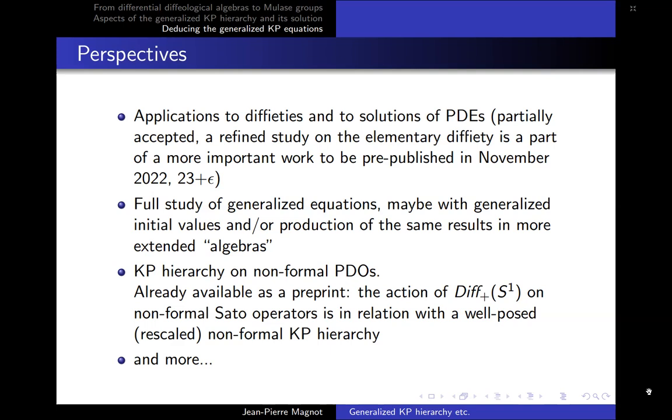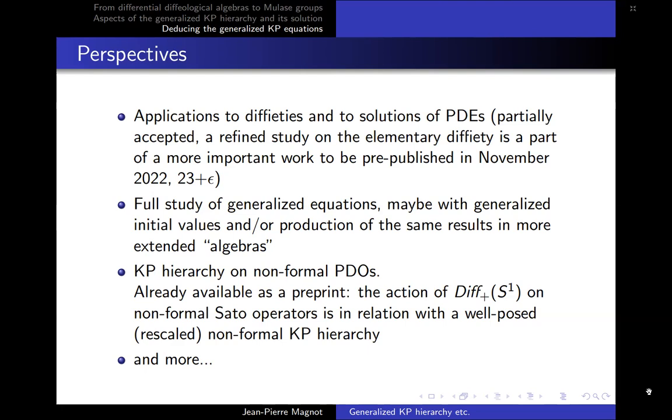So it is a very open field of investigation, which has some promising examples. Another perspective is the Kadomtsev-Petviashvili hierarchy for non-formal pseudo-differential operators.